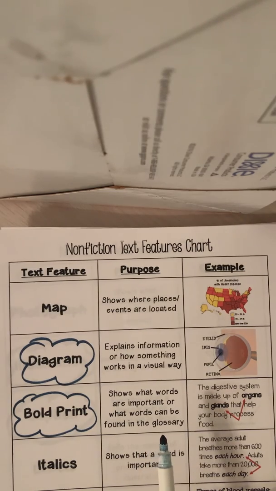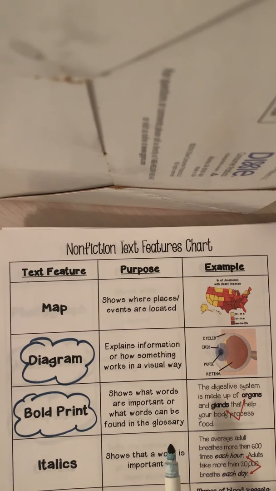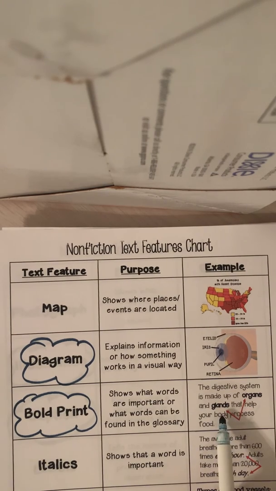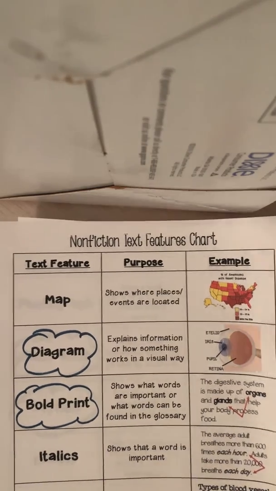If you notice in our social studies textbook, that's the case. We can look in the back in the glossary for those important words. And if we look at this example, it says the digestive system is made up of organs and glands that help your body process food. I know since these words are bolded, I'm going to have the definition of them somewhere in my reading.